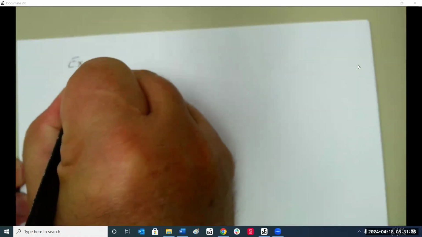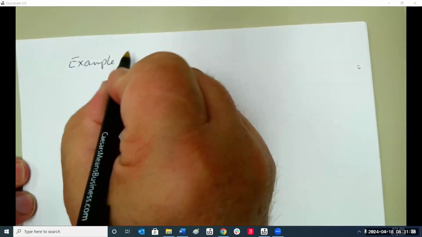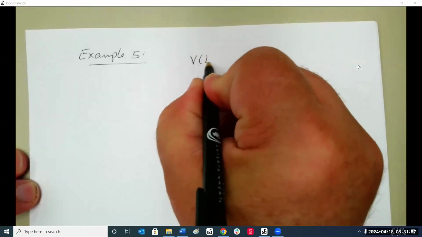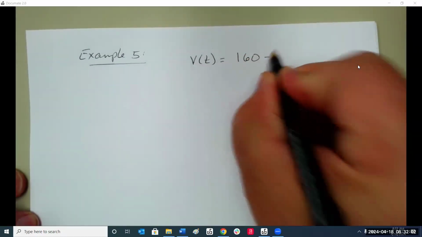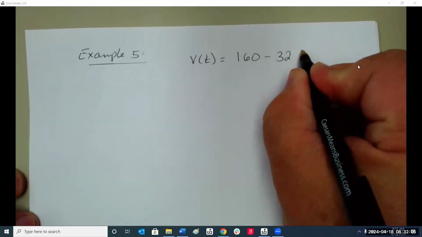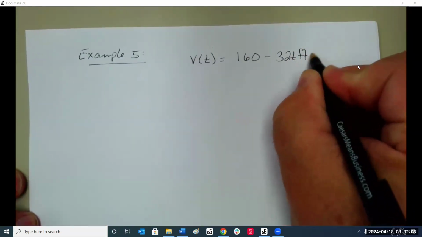All right, so let's look at examples. Example 5 deals with motion. Consider again our analysis of the heavy rock blown straight up from a dynamite blast. We did that in example 2, section 1. The velocity of the rock at any time t is given by the equation 160 minus 32t feet per second.